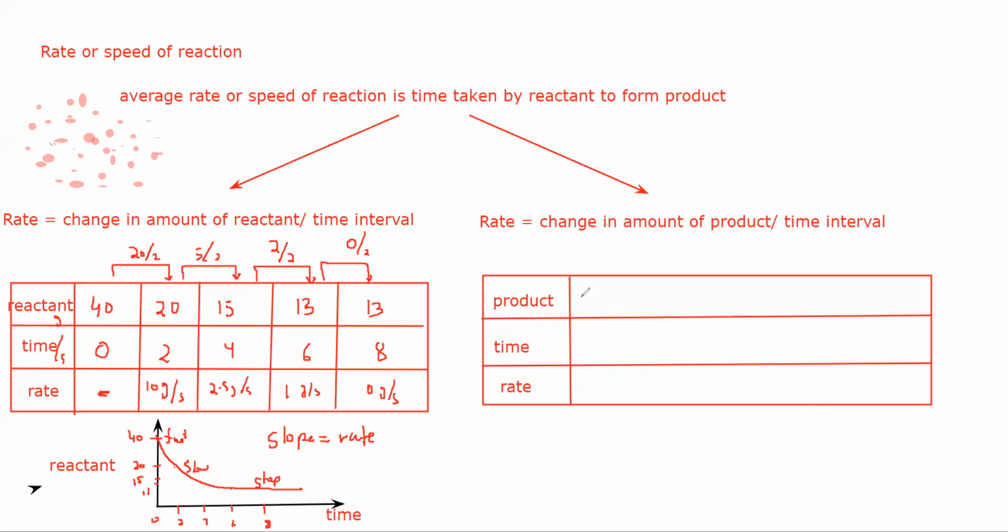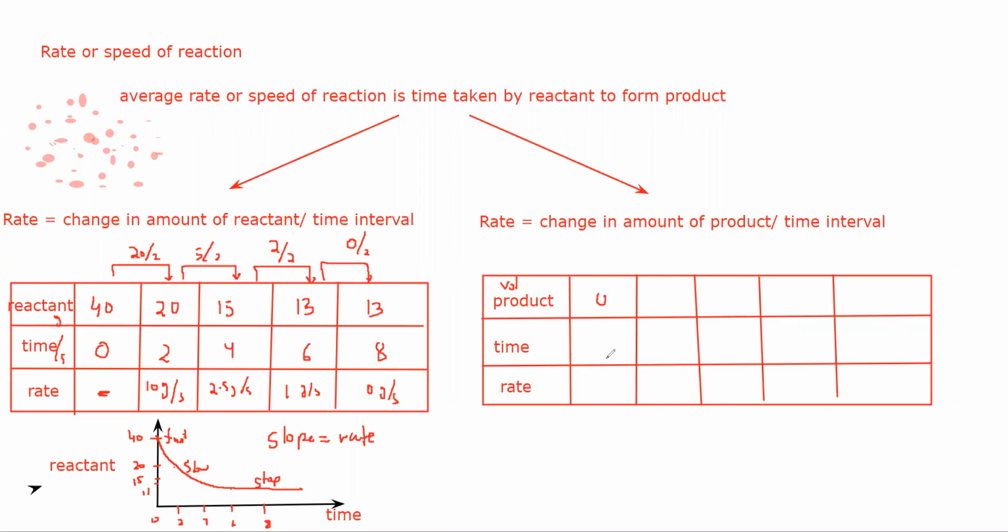But if you sketch a graph for amount of product and time, or if you have a table in which the amount of product is given, say volume of the product is given.